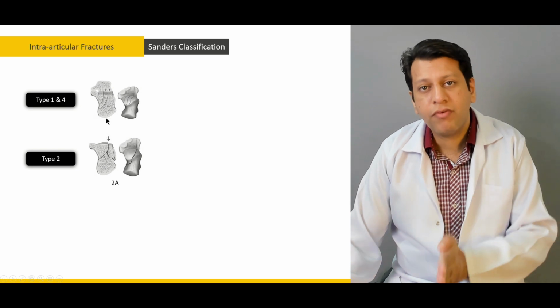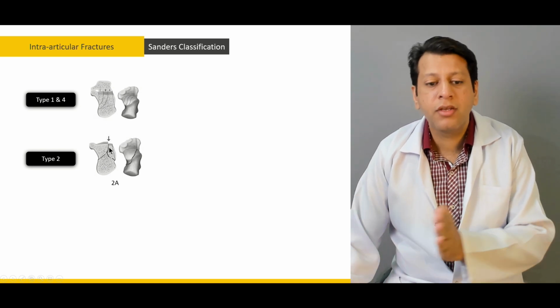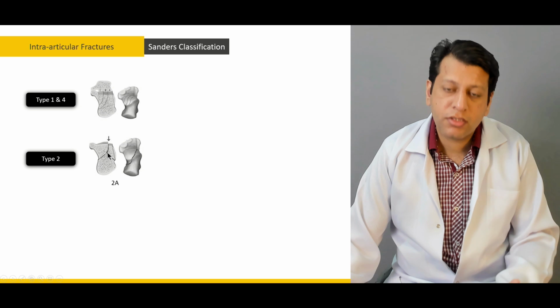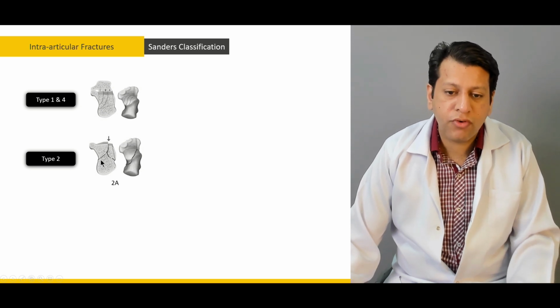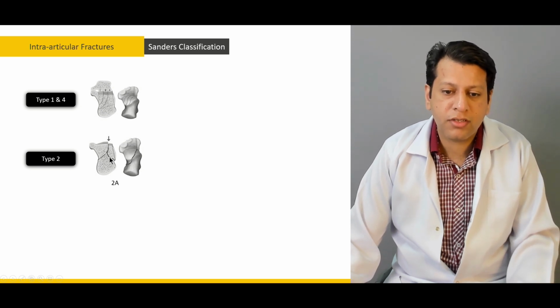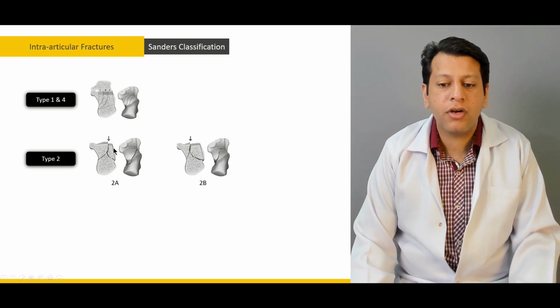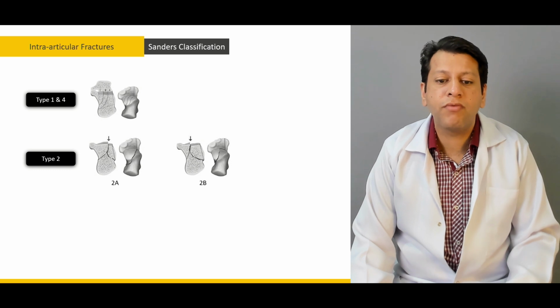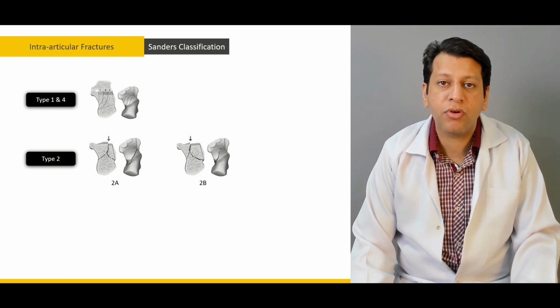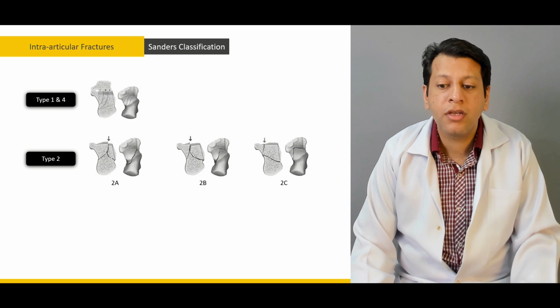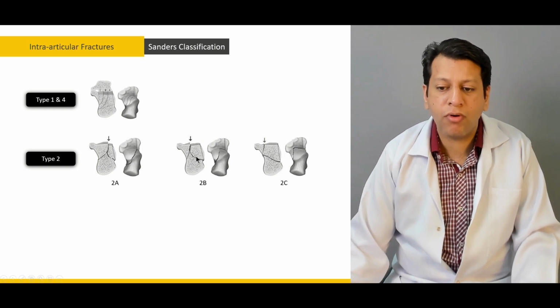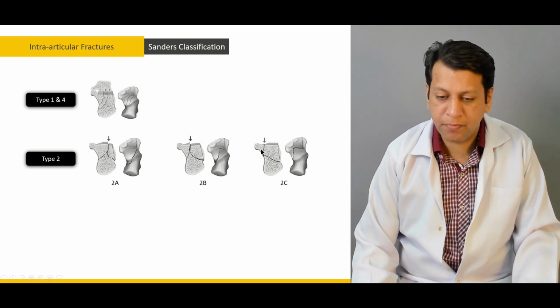So when you have one fracture line, it becomes a two-part fracture. When you have two fracture lines, it becomes a three-part fracture. If you can appreciate over here, this is one fracture line, this is another fracture line, so it becomes a three-part fracture. Then it has variants as well in the form of 2A and 2B, depending upon exactly how the fracture pattern is, or even 2C when it involves the sustentaculum tali.